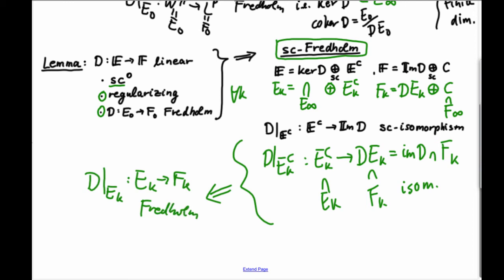It's not just Fredholm, it has the same kernel in it, and it has the same co-kernel, so it has the same index. And if you want to go more into determinant line bundles, it actually has the same determinant, because kernel and co-kernel are the same.